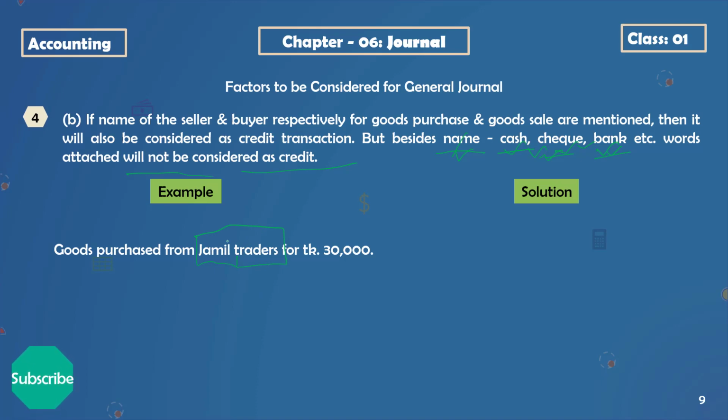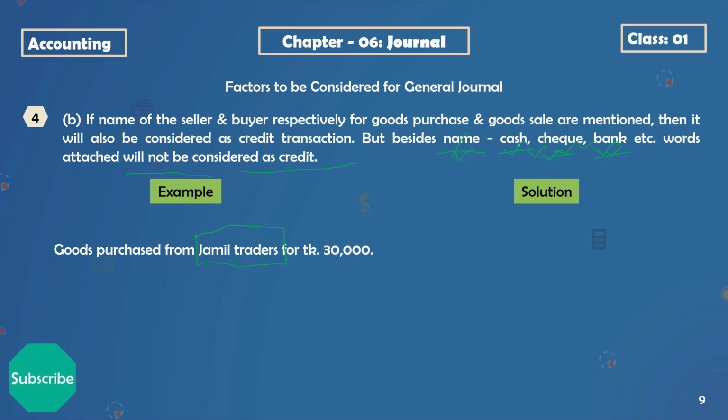So this is the mention of the seller of the goods, because I purchased goods from Jamil Traders. In this case, you have to consider this as a credit transaction, because the name of the seller is mentioned and there is no mention of these words.